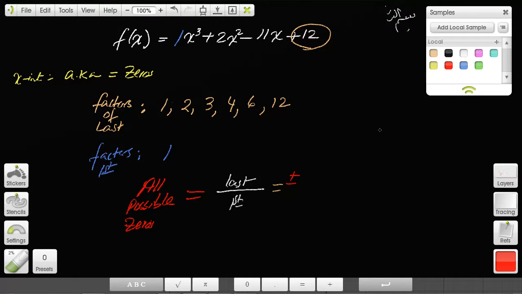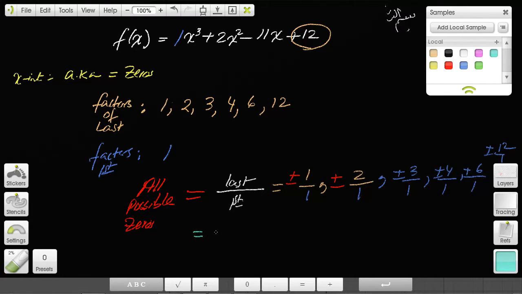So it's plus or minus 1 over 1, plus or minus 2 over 1, plus or minus 3 over 1, plus or minus 4 over 1, plus or minus 6 over 1, and plus or minus 12 over 1. In this case it's very easy because there's only one factor.